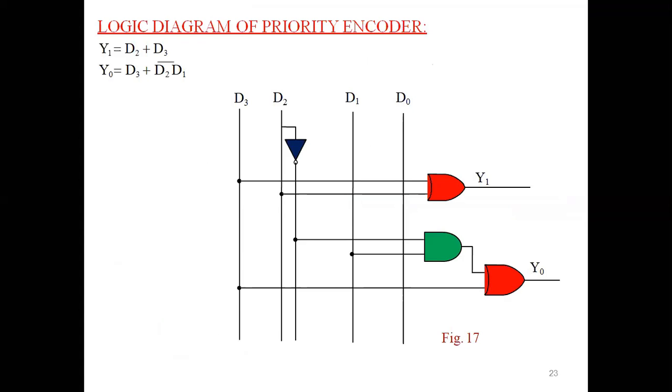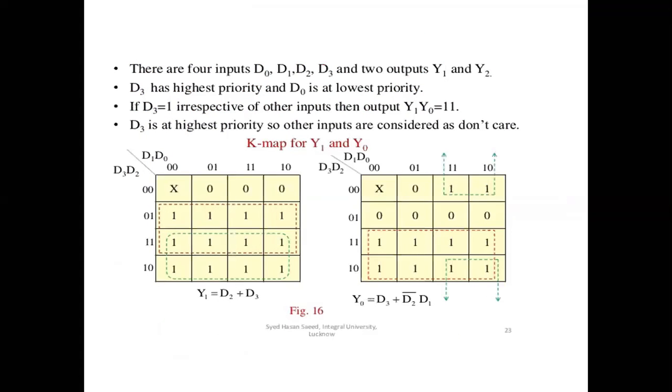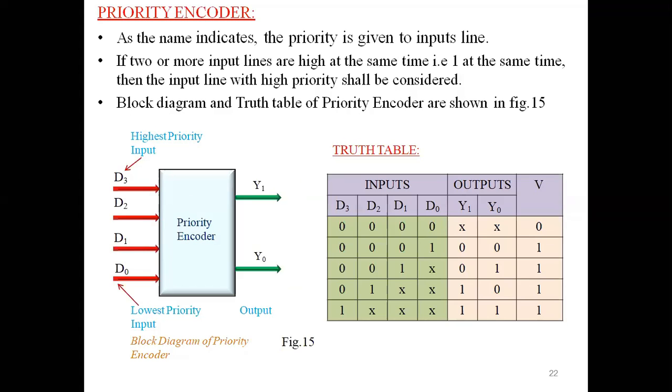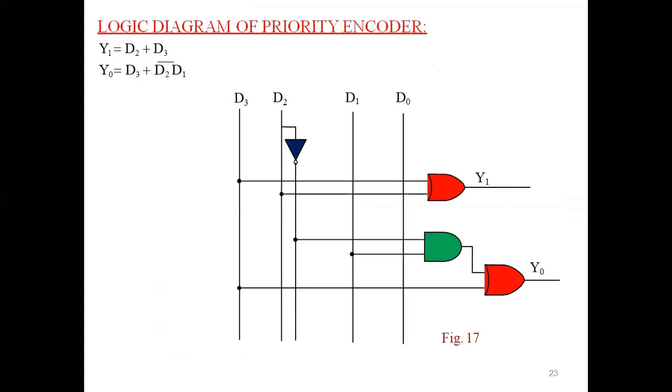So D3, D2, D1, D0. What is the D3 value here? 0. D2 value 0. D1 value 1. D0 value 0. Apply these inputs first.